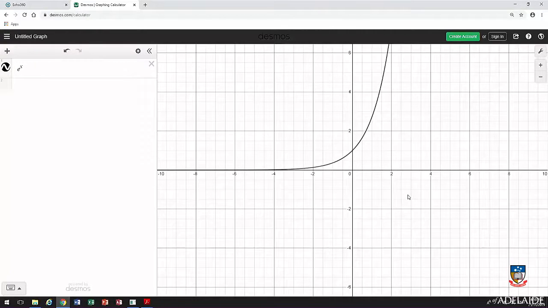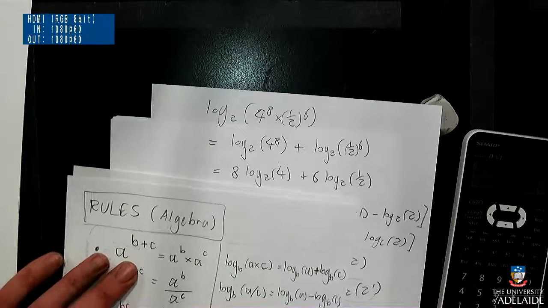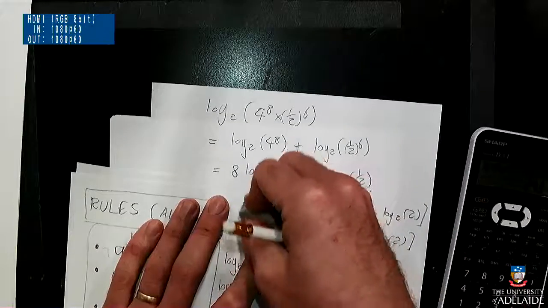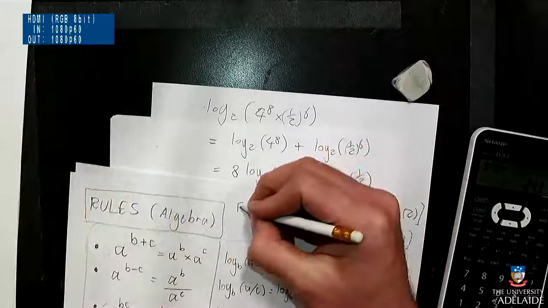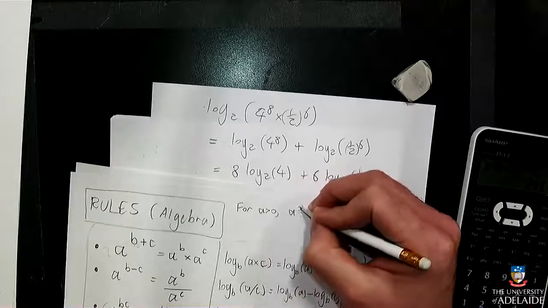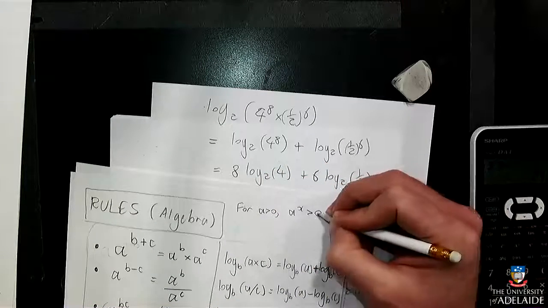I should probably go back and add that to one of the rules. So one of the rules is: for a positive, a to the x is always positive, no matter what x is.